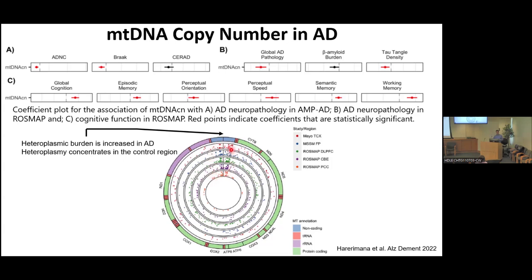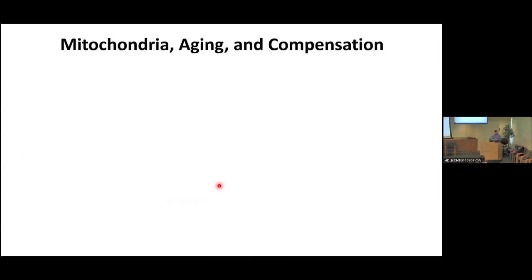And the number of these heteroplasmic mutations in the control region is in excess in the brains of the Alzheimer's patients. This is important because the control region has two main functions. It's important for mitochondrial DNA replication, so if there are problems with the control region, you may not be able to replicate your mitochondrial DNA. And it's important in mitochondrial DNA transcription, because that's where it initiates from.